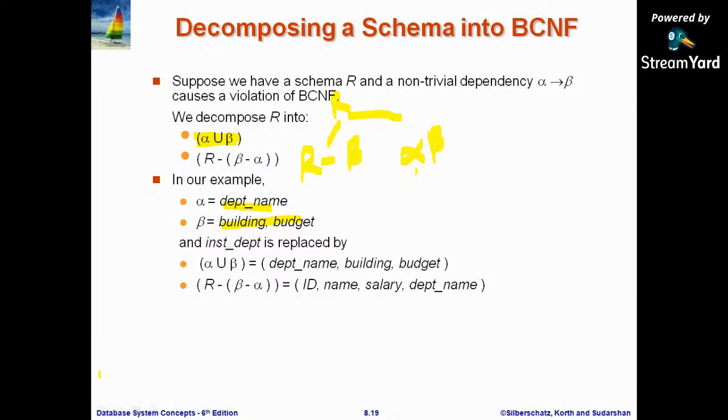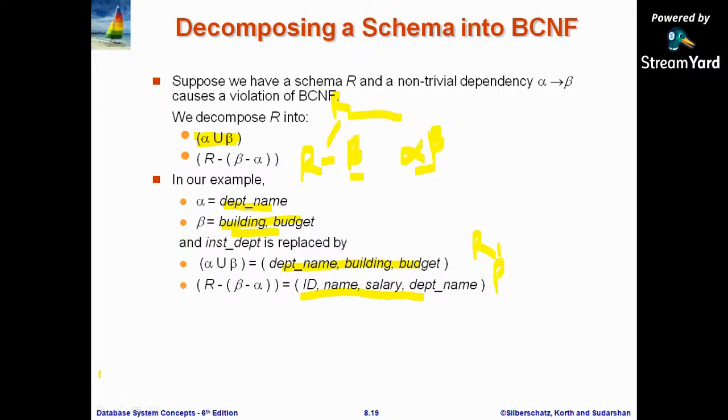The second decomposition is R minus beta: from R you subtract the budget and building. So you get the 4 fields ID, name, salary and department name. These two decompositions are R1 and R2.